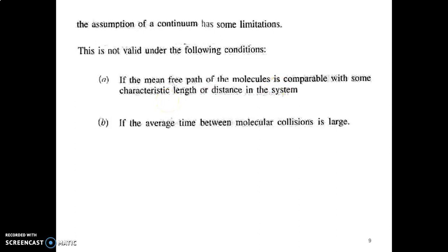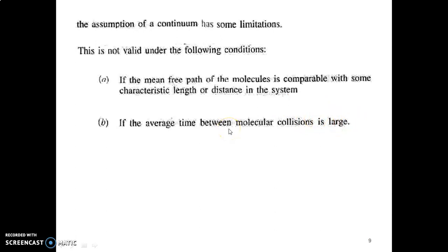Similarly, if the average time between molecular collisions is large, that can also be explained in association with the mean free path. We can say that mean free path is actually the average distance between two molecules, or the average distance between two consecutive collisions. Like that, we can talk about the average time between molecular collisions. If we take the time between consecutive collisions, take all those times and find the average value, and if the time is large, that also means the distance is large.